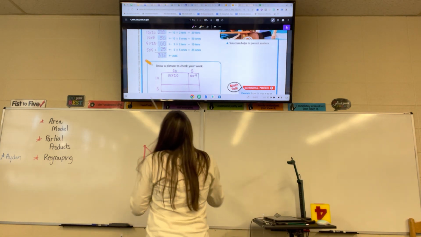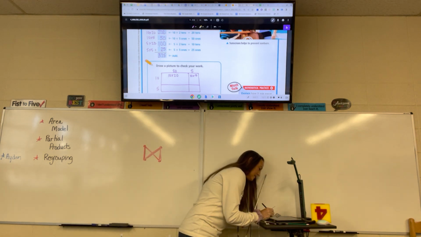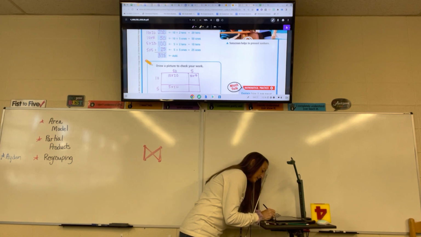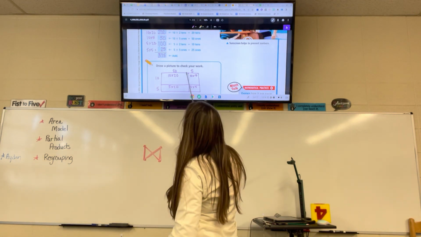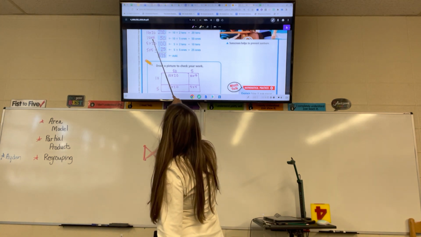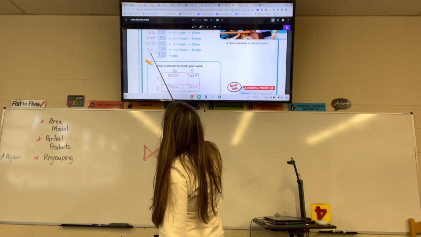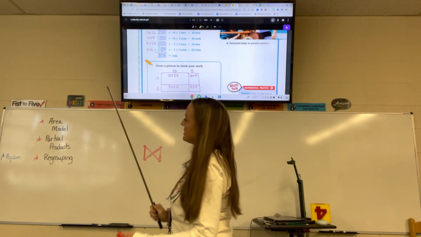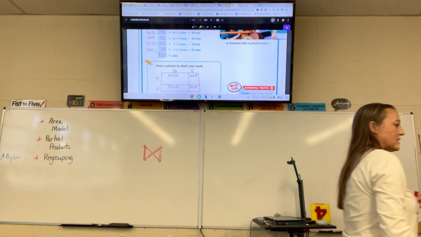And then this box? 5 times 20. And then the last box? 5 times 5. Okay, good. And since we have all the same equations, 10 times 20, 200, 10 times 5, 50, 5 times 20, 100, and 5 times 5, we'll be good to go. So that's how we can check.